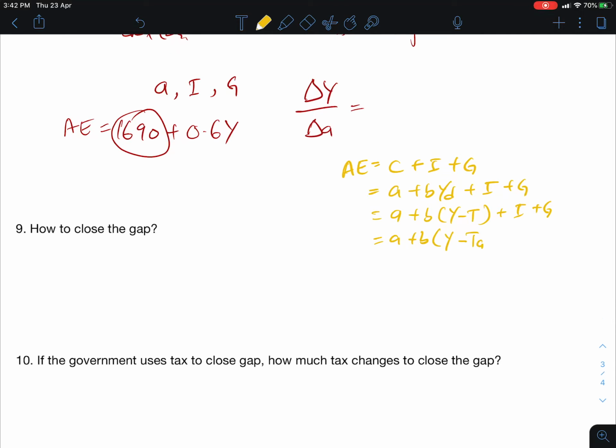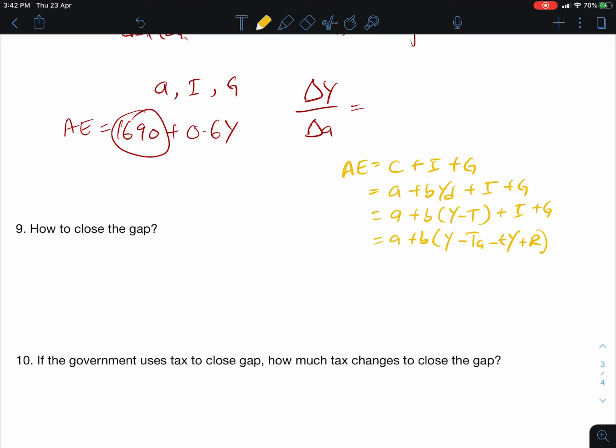T terdiri daripada TA minus R, which is TA is the lump sum tax. Minus small t y plus R. Okay, plus R. TA plus tY itu adalah gross tax. R adalah transfer payment.